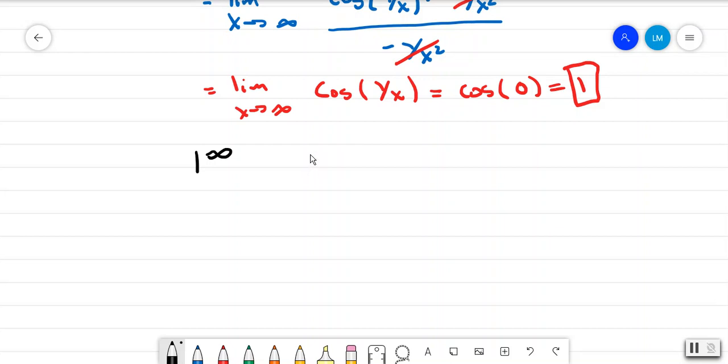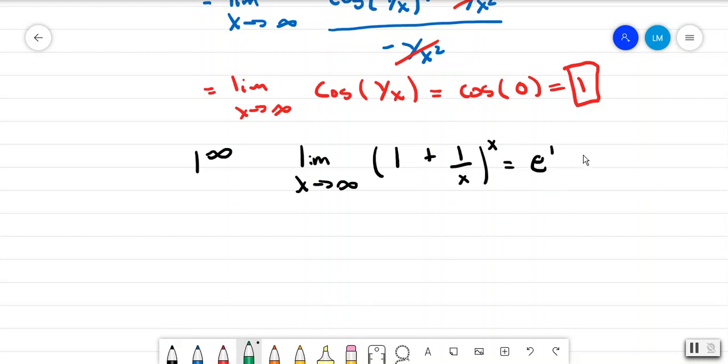We would look at something like the limit as x approaches infinity for 1 plus 1 over x, raised to the x, which goes to the letter e, so e to the 1. Now, you can try using L'Hopital's rule.